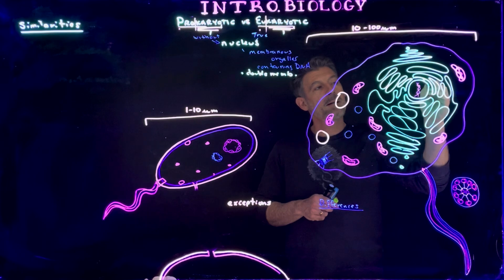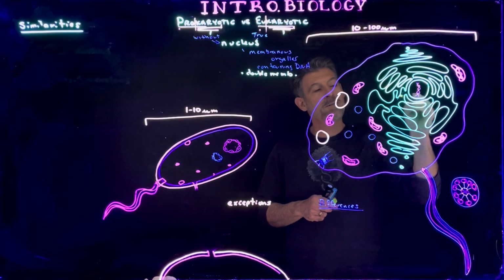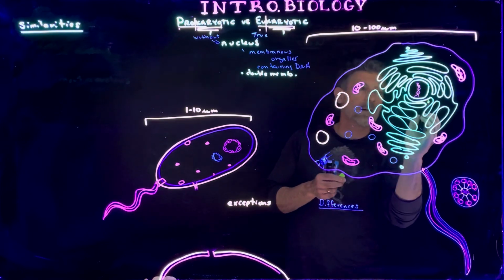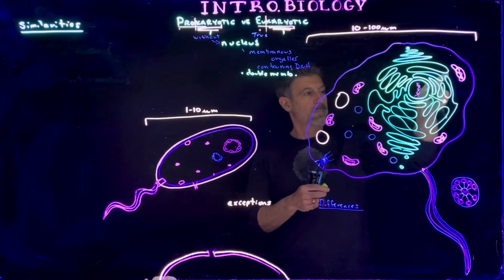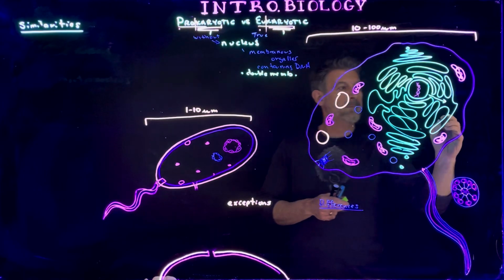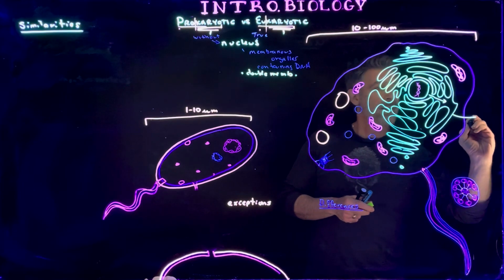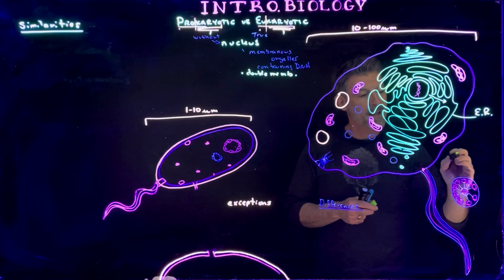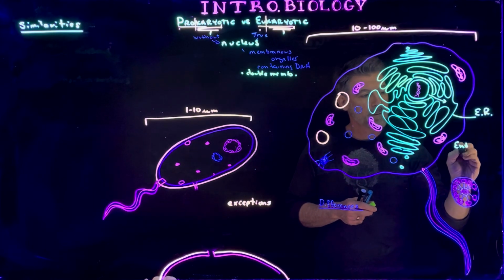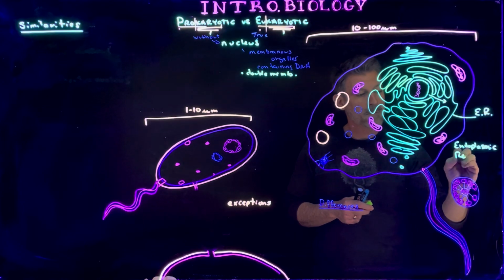There's a little gap there, a little gap here. What are those gaps? Those are actually spaces that connect directly into this compartment, which is often referred to as just the ER, but it's endoplasmic reticulum.